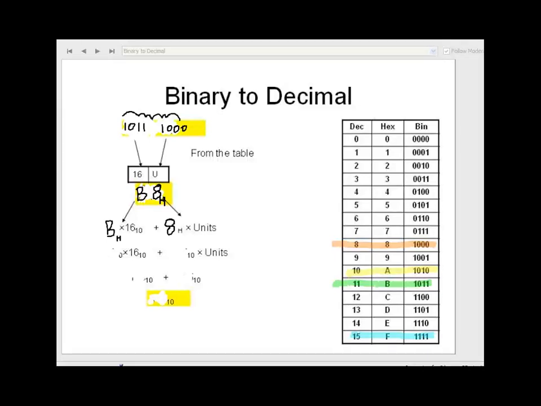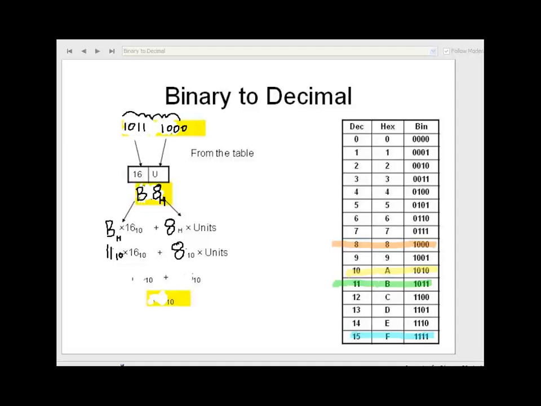Going back to the table, B is worth 11 in decimal, and 8 is worth 8 in decimal.